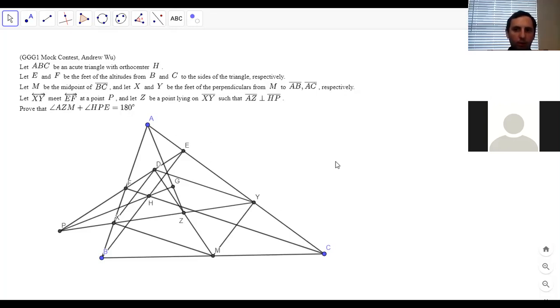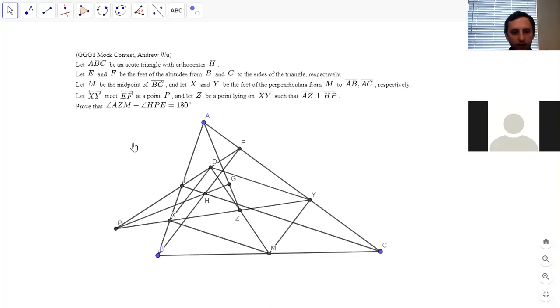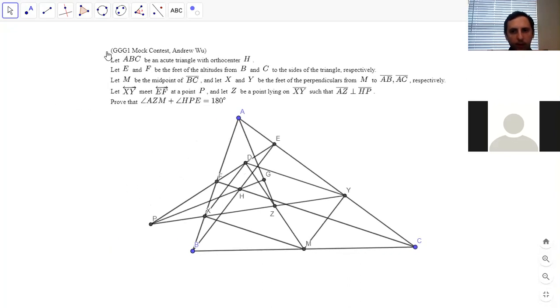Yeah, I want to use Bricard's theorem also. So if we extend EF and BC to meet at a point, like what if I did that? So I think that might make things a little bit easier. Let me extend EF and BC.